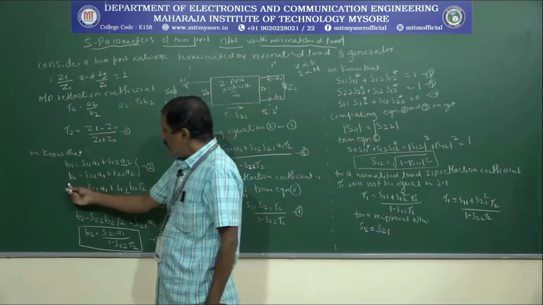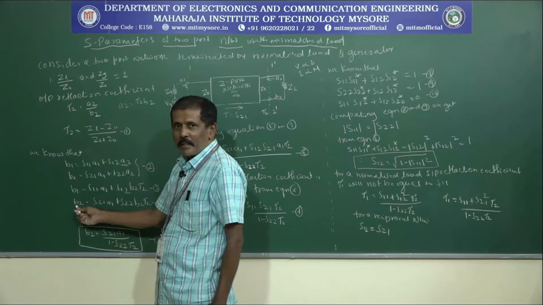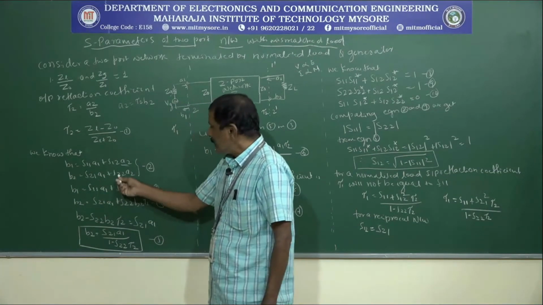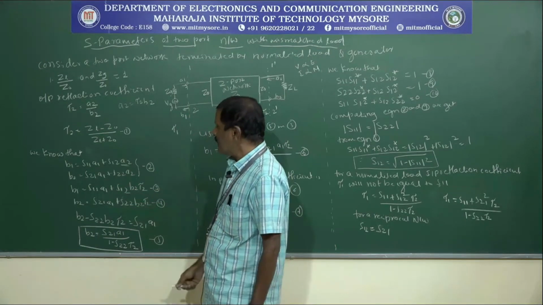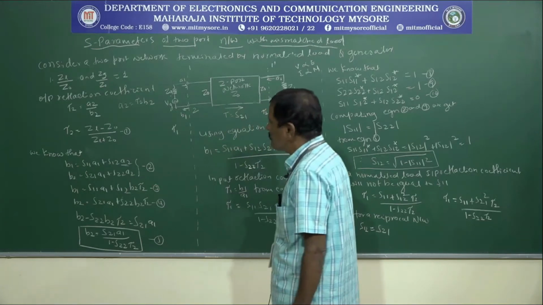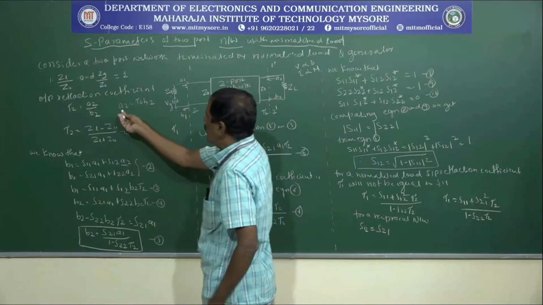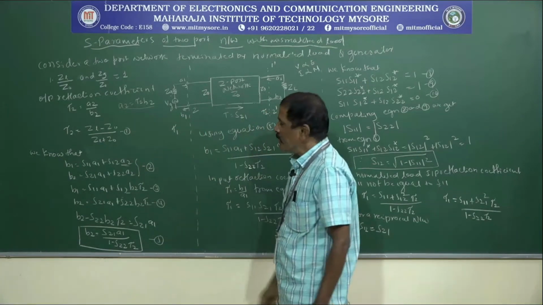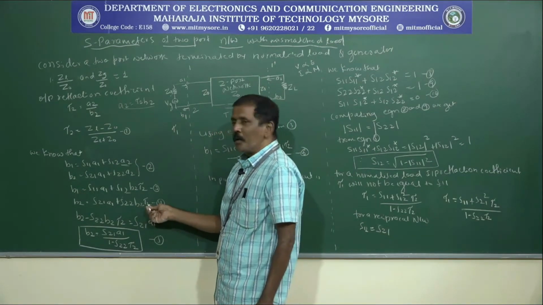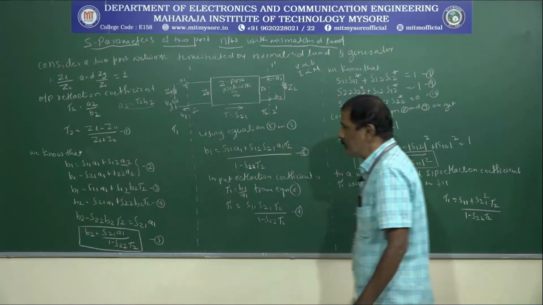Then the B2 equation, once again we will write it here. S21 into A1, I am writing it as it is, S22 once again, in this equation I am getting the A2, and already you have calculated the A2 here. Once again substitute this A2 here, so that is B2 into Γ2, call it equation number 4.